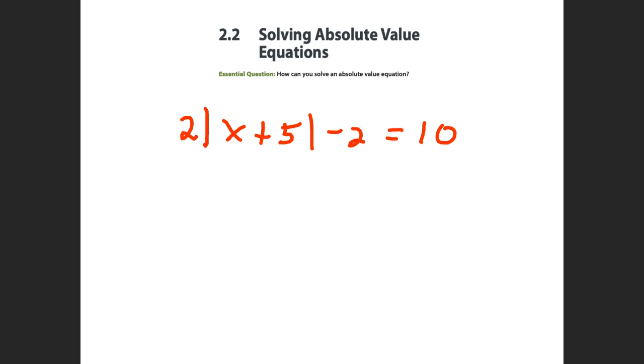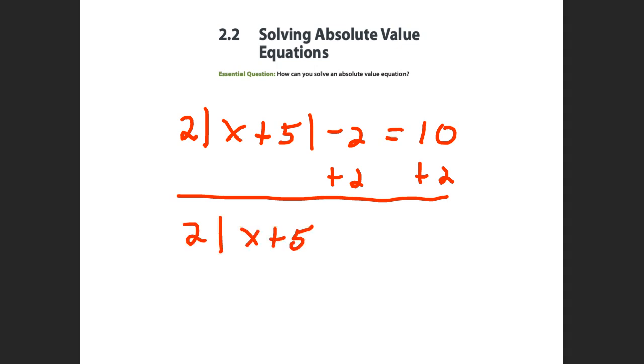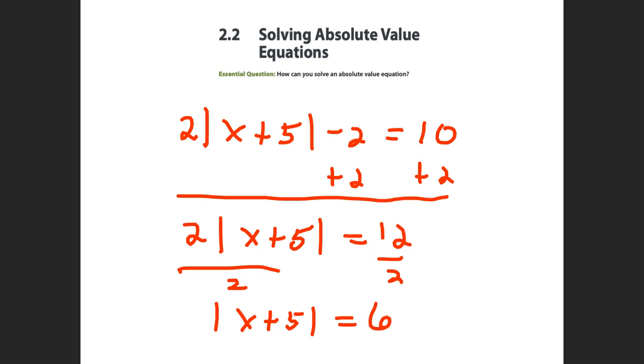Okay, so it's basically like solving an equation. The first thing I'm going to do is I'm going to add 2 to both sides. So I end up with 2, the absolute value of x plus 5 is equal to 12. And then I want to get rid of this number in front of the absolute value. So I'm going to divide both sides by 2. So now I have the absolute value of x plus 5 is equal to 6.